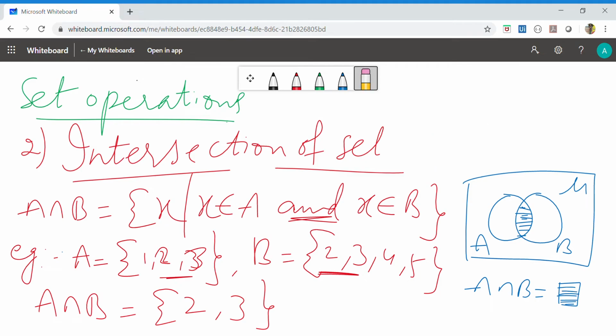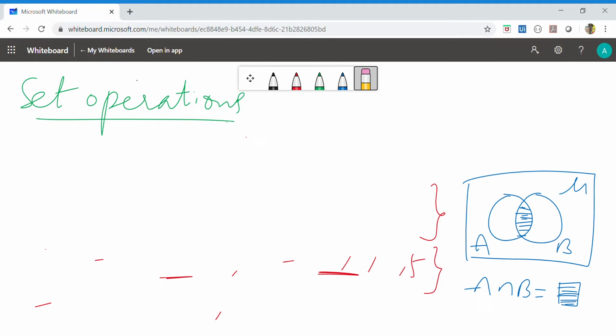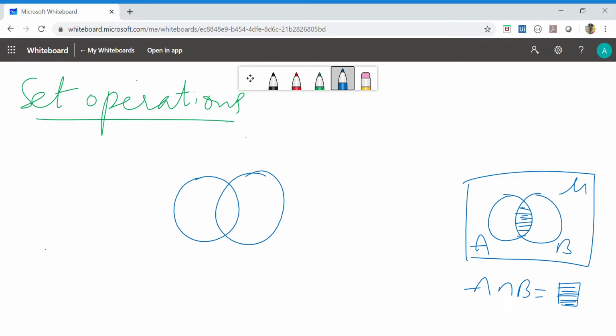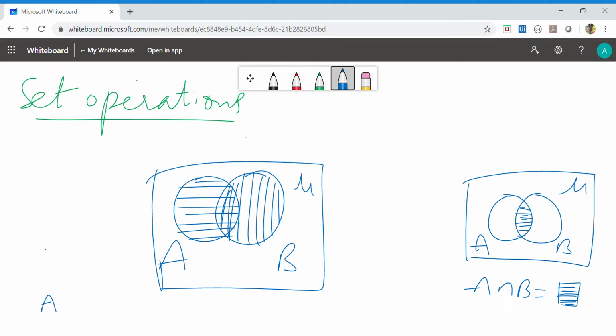Or else you can draw it another way also. The elements which belong to A, you shade completely, circle A and circle B. A is shaded with horizontal lines and B is shaded with vertical lines, all enclosed in the universal set mu.